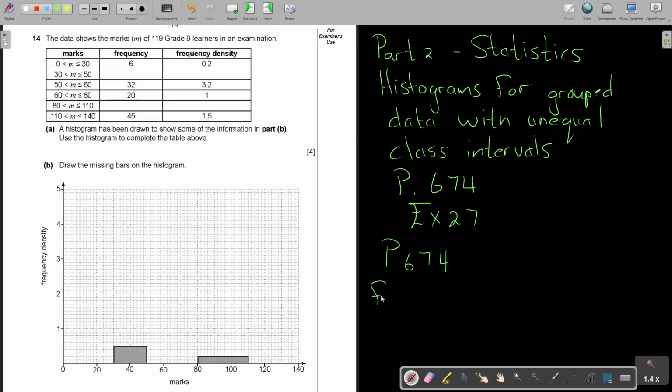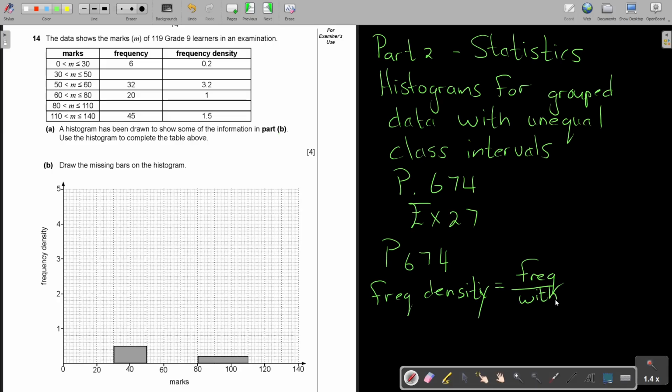They say to find the frequency density. It is always the frequency divided by the class width.